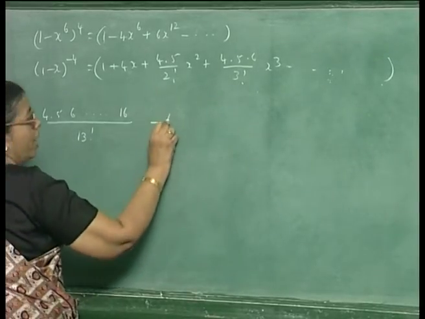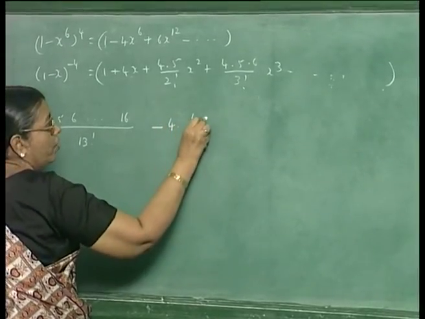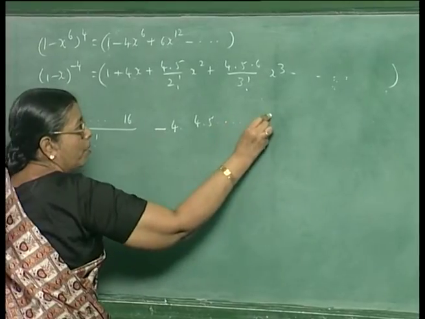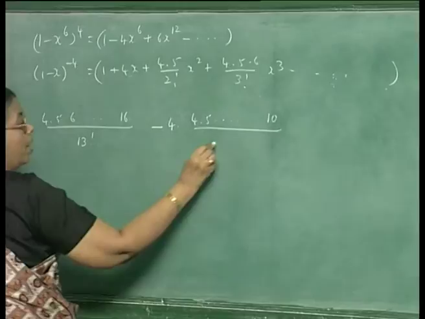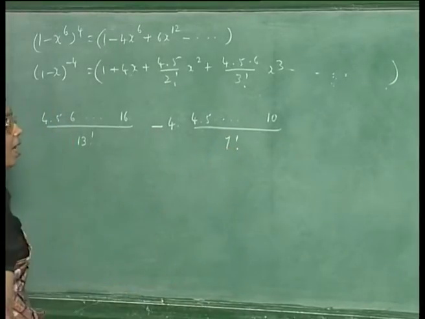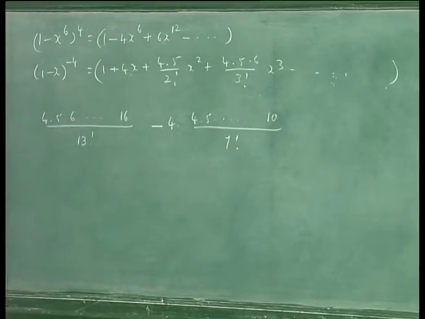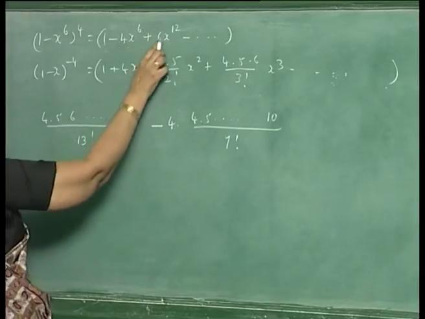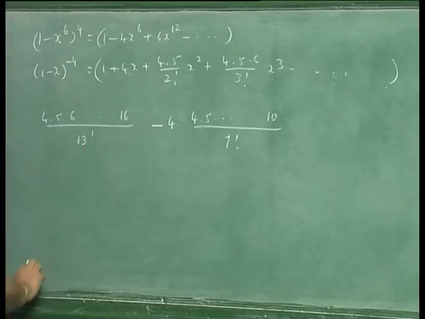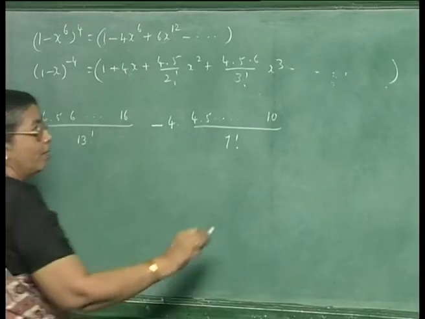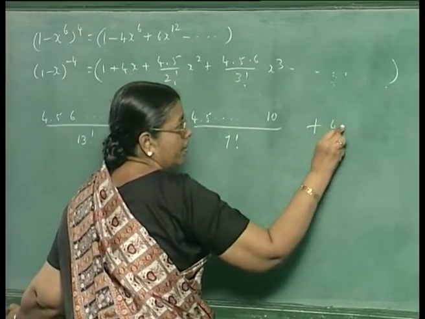So, that is 4 times 4 into 5 into 6 up to 10 by 7 factorial. Then if you multiply x power 12 by x, you get x power 13. So, these two will give rise to another x power 13, that is 4 into 6.